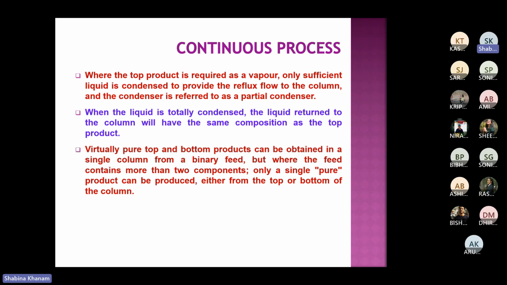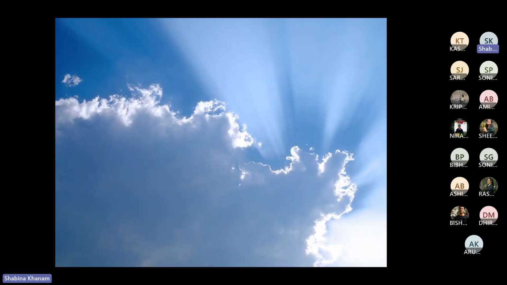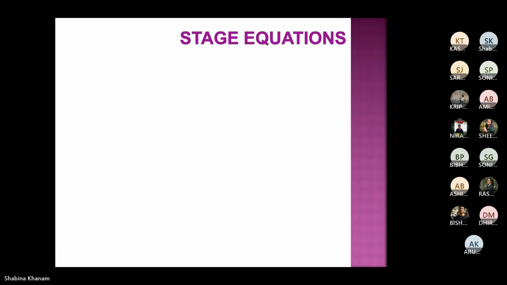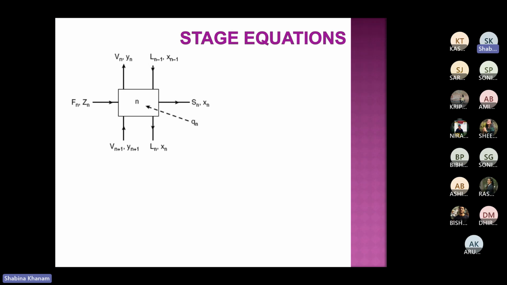Here we will discuss some of the basic equations and basic principles of continuous distillation. For the stage equation, if you see this schematic, n is the nth tray or nth stage we are considering, where Fn is the feed at composition zn, the feed fraction.